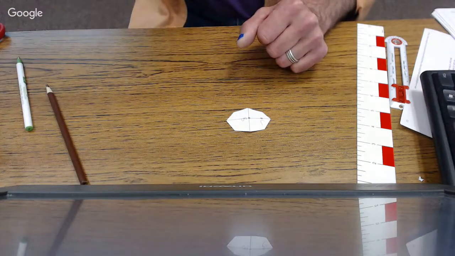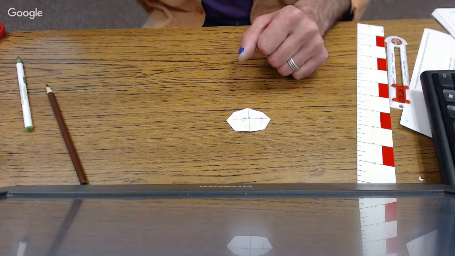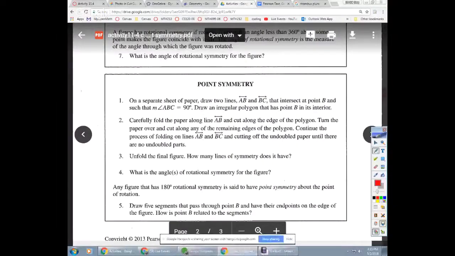Let's see, draw 5 segments that pass through. Let's switch back to the instructions. Draw 5 segments that pass through point B and have their endpoints on the edge of the figure. Okay. I already have 2. Oops, that figure is kind of small for this.